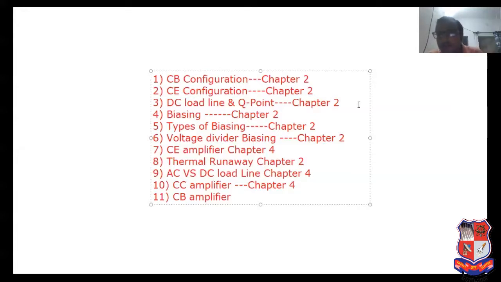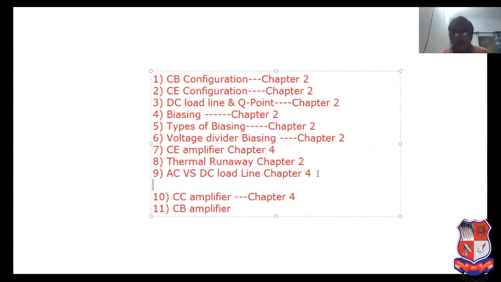Before that, first of all, you have to study the concept of transistor operation. Study transistor operation very well. After that, you will be able to understand common base configuration. There are a total of 3 types of configuration: common base configuration, common emitter configuration, common collector configuration.